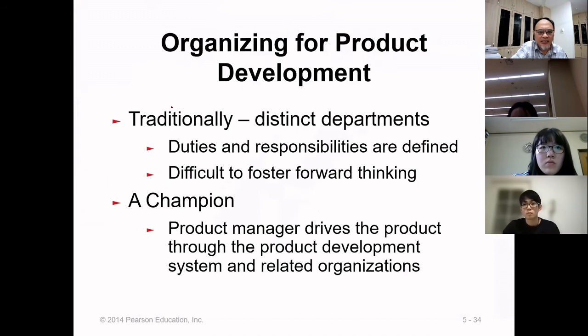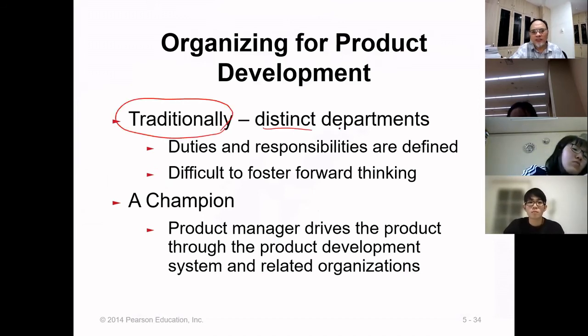Traditionally, product development is the responsibility of certain departments, distinct departments. That means, for example, the R&D is responsible for product development. Then they will actually develop. For example, in a service organization, probably okay, marketing and service design duties is the responsibility of that particular department.